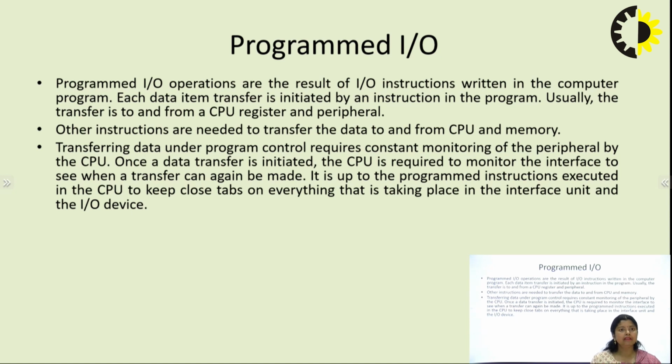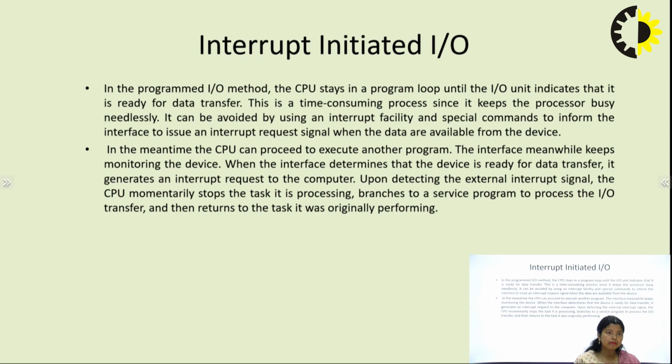In between, in programmed I/O, the CPU is always busy checking the flag for whether there is some data to transmit from peripheral devices to memory. So, in programmed I/O data transfer, the CPU is always busy checking whether there is some data to transfer from peripheral devices to the memory. This particular drawback is overcome by the interrupt initiated I/O.